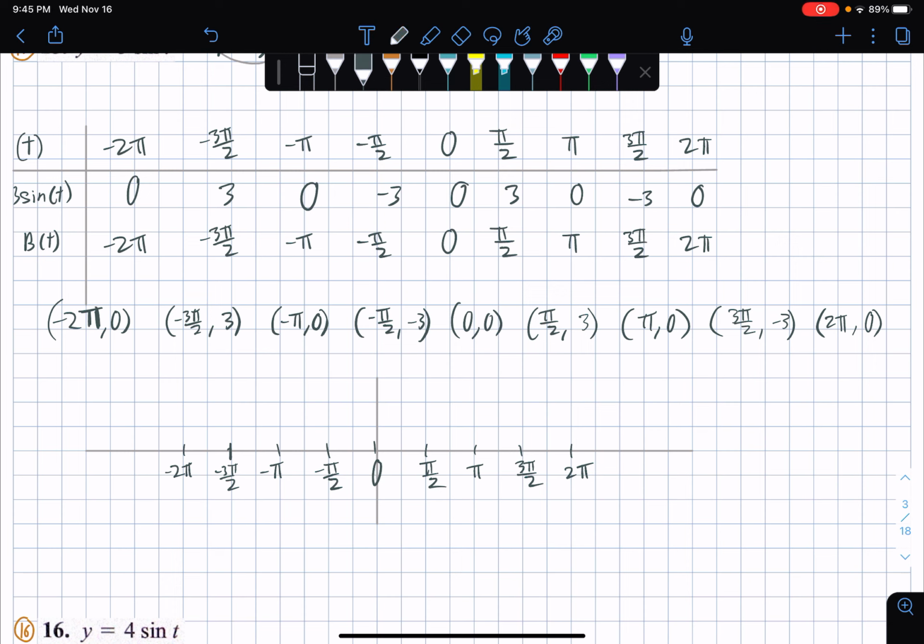So from negative 2 pi, this is 0. By the way, let's install the amplitude. So over there, so here, just connect the dots. Plot the dots.